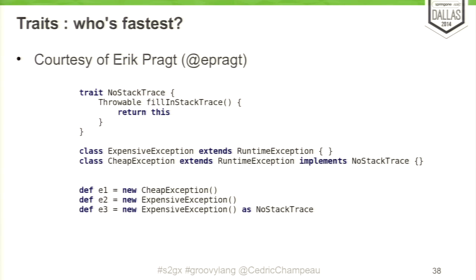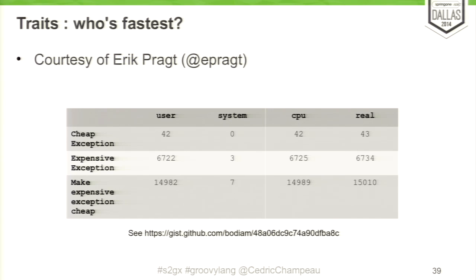So reading that code, you could think that the last one is as fast as the first one. And it's not. So here are the figures. Actually, the last one is much slower.